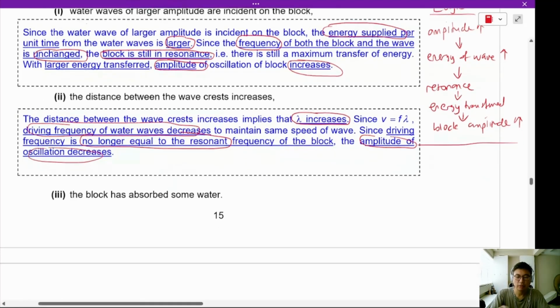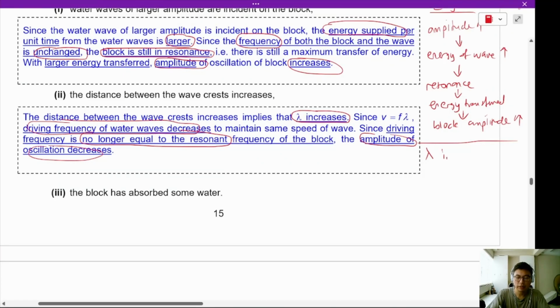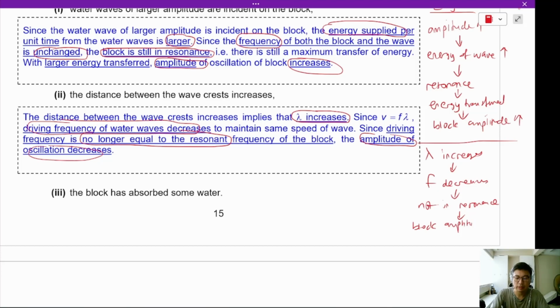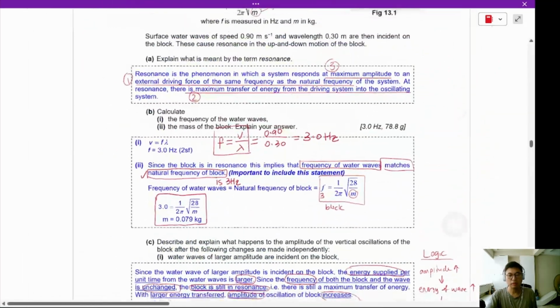So if the wavelength increases, then frequency decreases, then it's not in resonance, so the block amplitude decreases. Now, it doesn't drop to 0, okay? The amplitude of the block will not drop to 0.